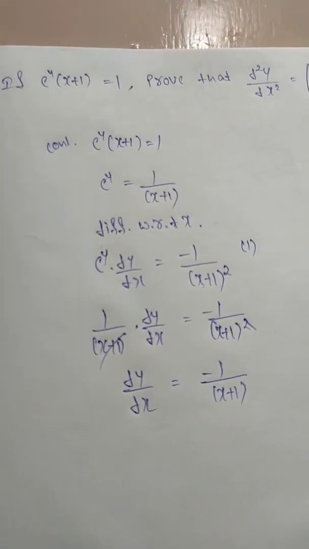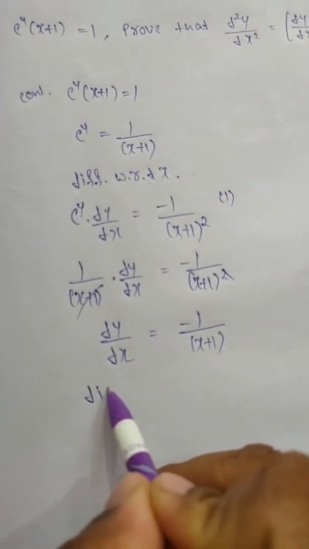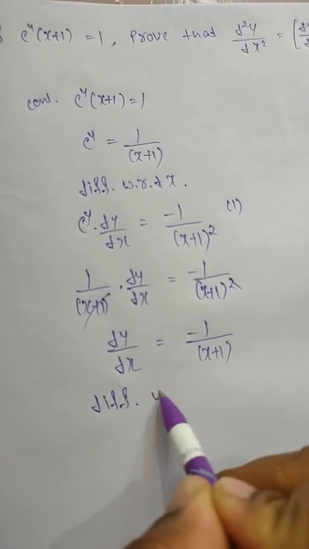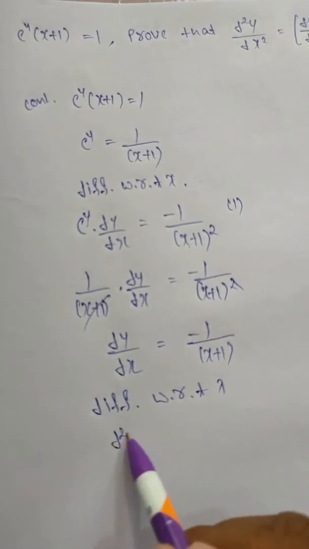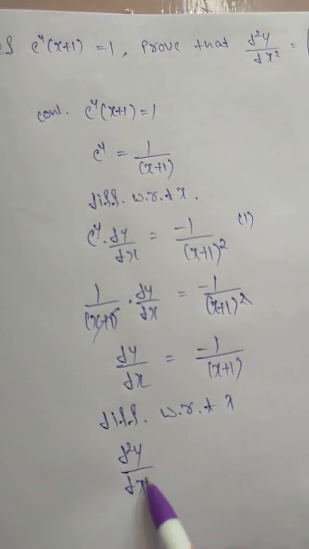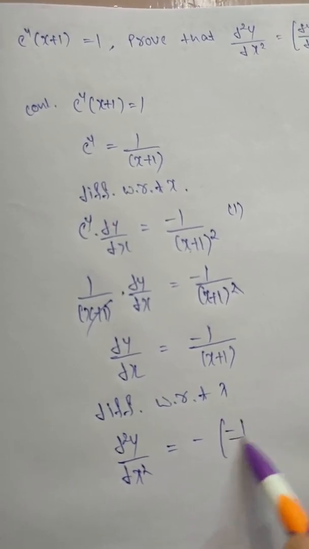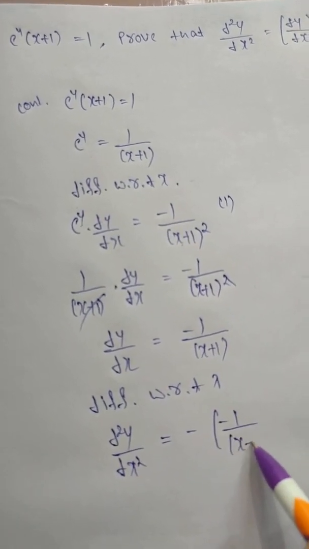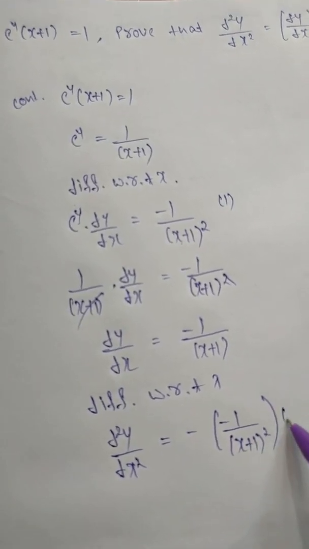Once again we will differentiate this. Differentiate with respect to x. What is the differentiation of dy by dx? d square y by dx square is equal to minus, the differentiation of 1 by x plus 1, which is minus 1 by x plus 1 whole square. Again the differentiation of x plus 1 is 1.